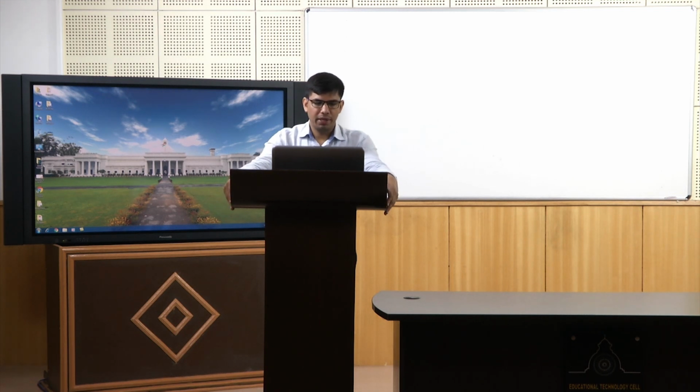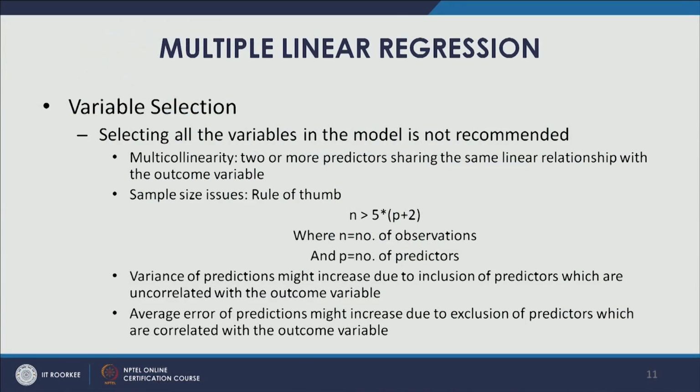Now let us move to the next point, that is sample size issues. A few rules of thumb for sample sizes we have been discussing before. For example, one particular rule is that the number of observations should be greater than 5 times the number of predictors plus 2. So if there are p predictors, we would like to have the number of observations more than 5 into p plus 2, right.